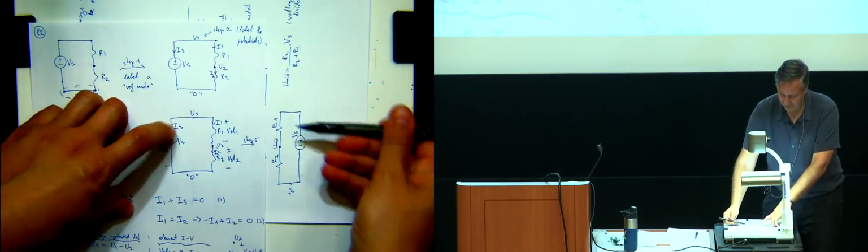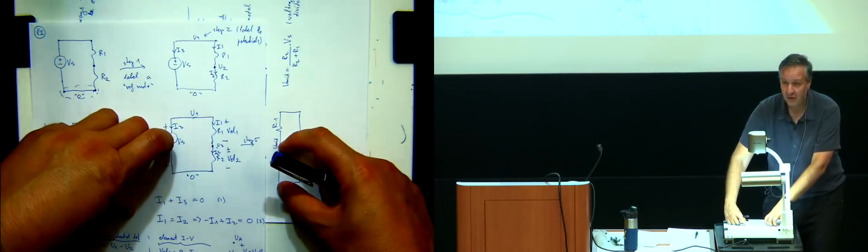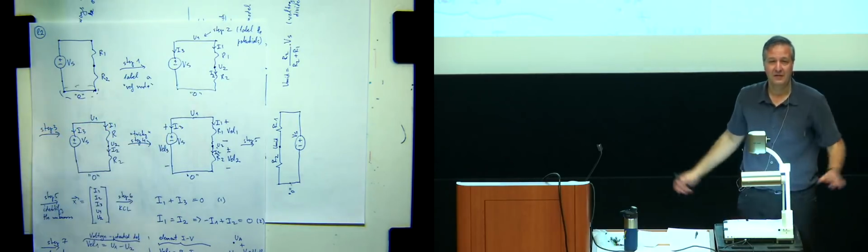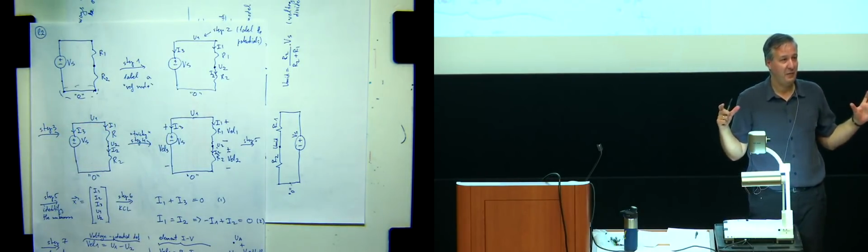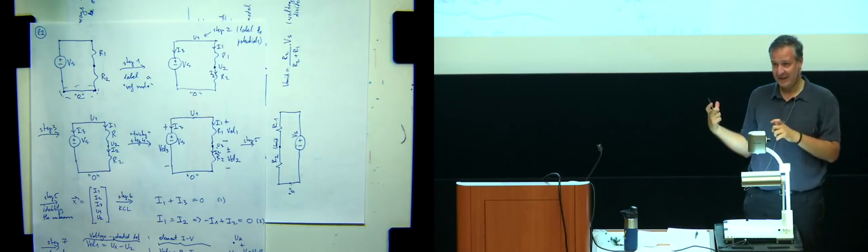Vs, R1, R2. We're looking for U mid, right? And U2 was here. Do people pattern match? Is it okay? If you're confused, let me know now, because it's important. People recognize the same circuit?